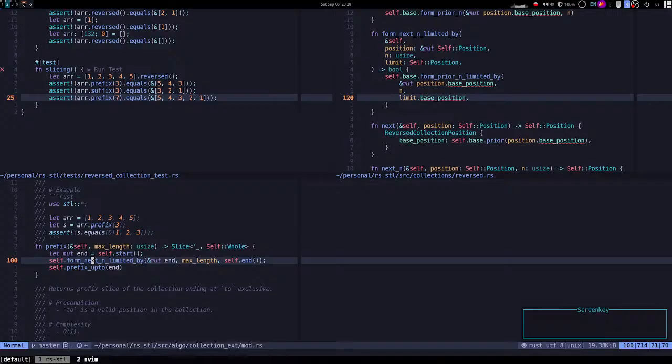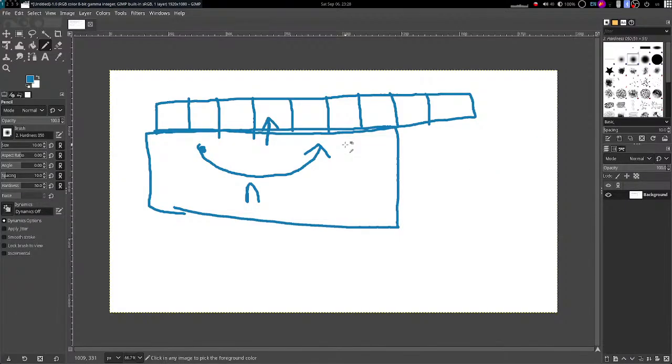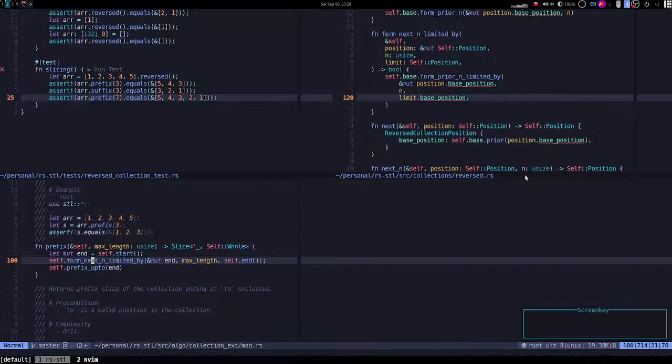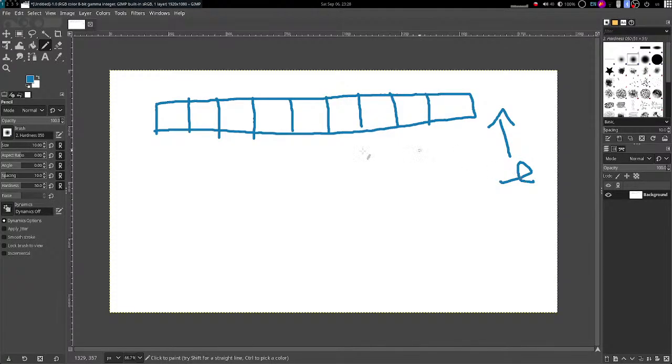So it would take self dot start, right? So let me draw that all of it. So self dot start, that is this one, okay? It would call it end, right? And form next n limited by max length, right?